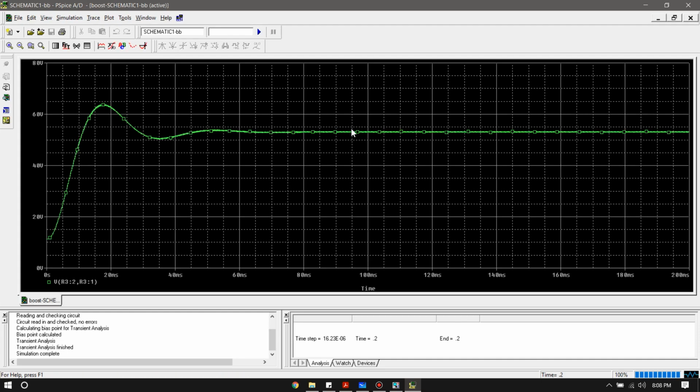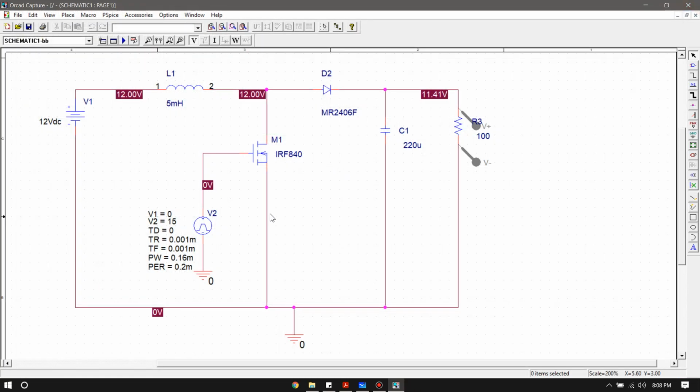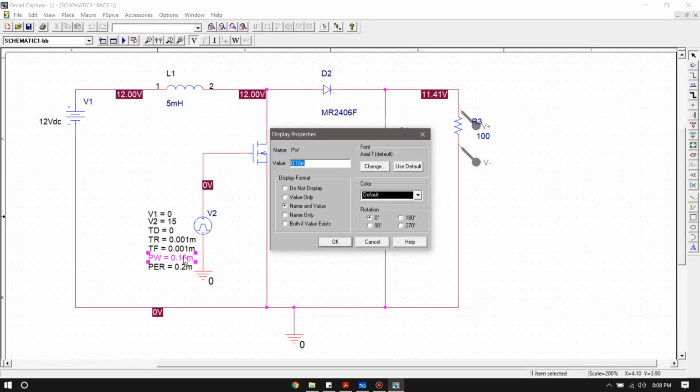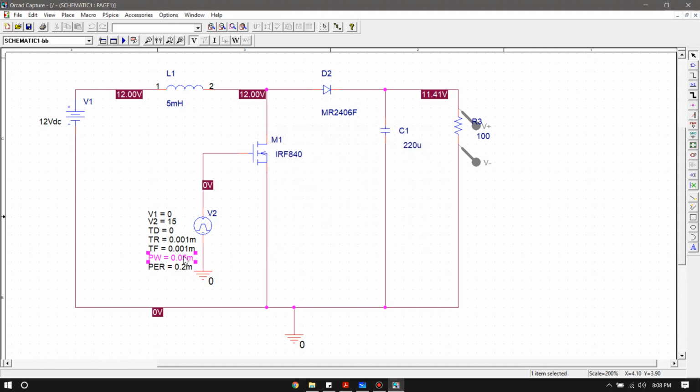So yeah, we're getting close to 60 volts in the output, right? So that's the 80% duty cycle case. And if we decrease the duty cycle, if we make it 25%, which is 0.05, we should be getting around 16 volts, I think.